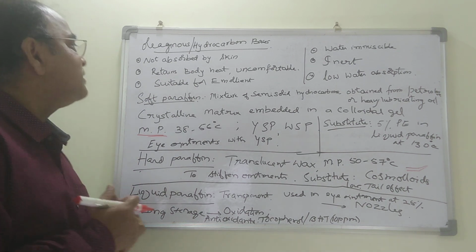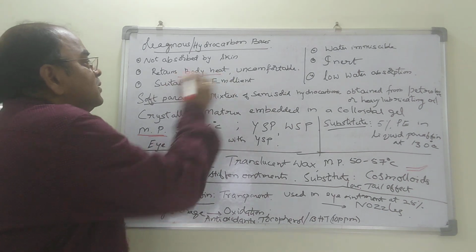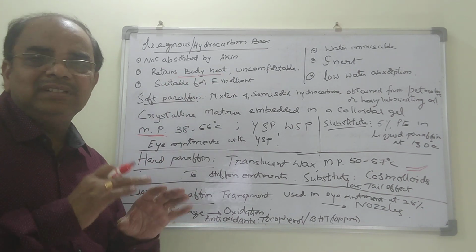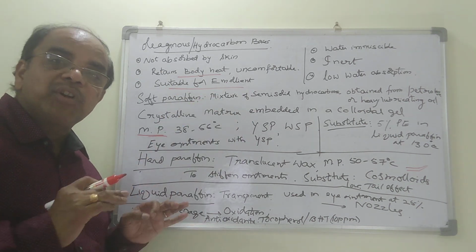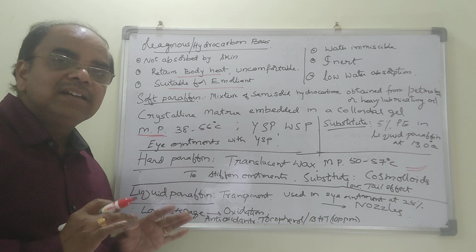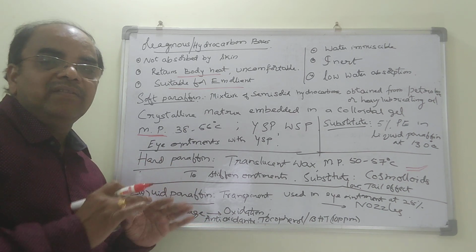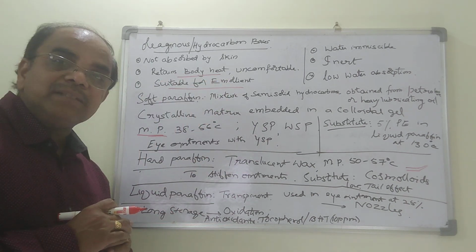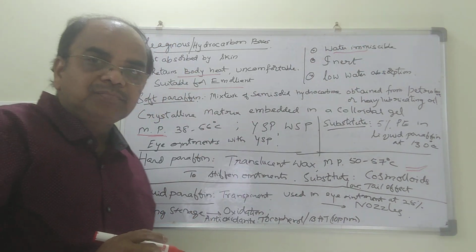It retains the body heat, so wherever you apply, we feel some warmth. It is suitable for emollient and protectant purposes. Emollient means it keeps the skin in a smooth condition, it softens the skin, and we can use it for protecting purposes also. And it is water immiscible.